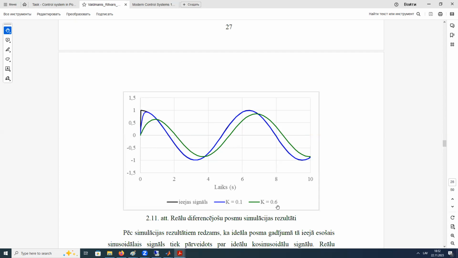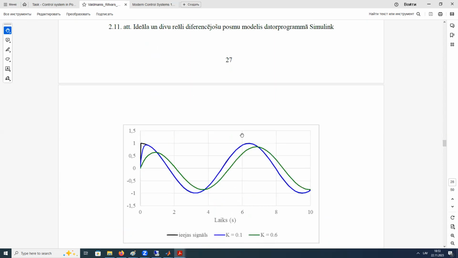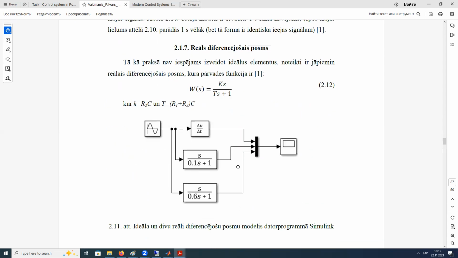Here we could see with a higher coefficient, we have a higher impact of this differential block. We could see a difference in phase and in amplitude. But the main idea is that the output signal will be the same as the input signal.